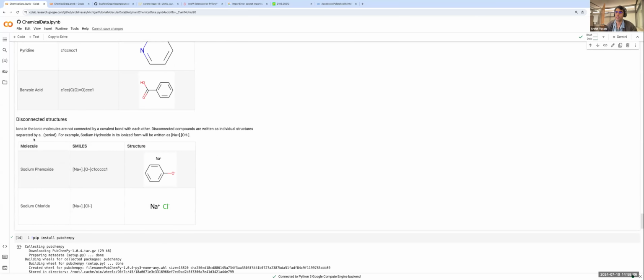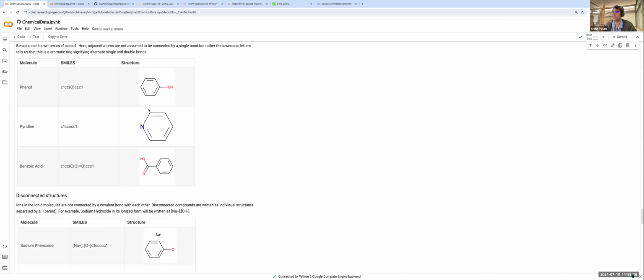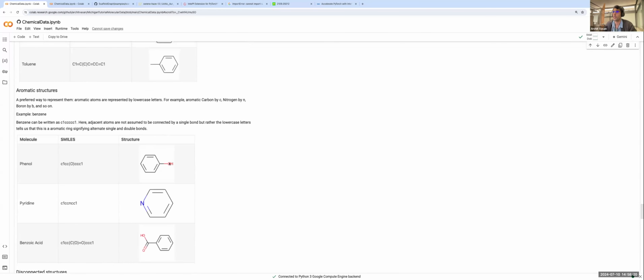And finally, you can also represent disconnected structures. So I think the takeaway with SMILES is that they're very powerful and very simple. Understanding this simple grammar allows you to take in any type of molecule and reconstruct some kind of text representation of it.